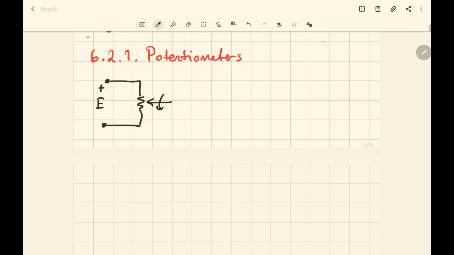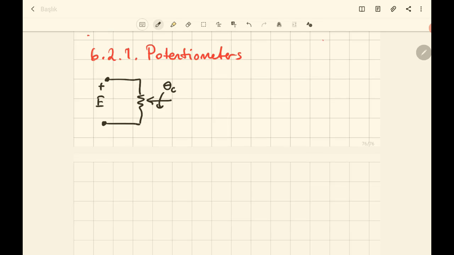In here we have a rotation operation, represented with theta_c(t), and we get the e(t) value. This is a configuration for the potentiometer. We can mathematically express this: e(t) will be equal to Ks times, of course, theta_c(t).